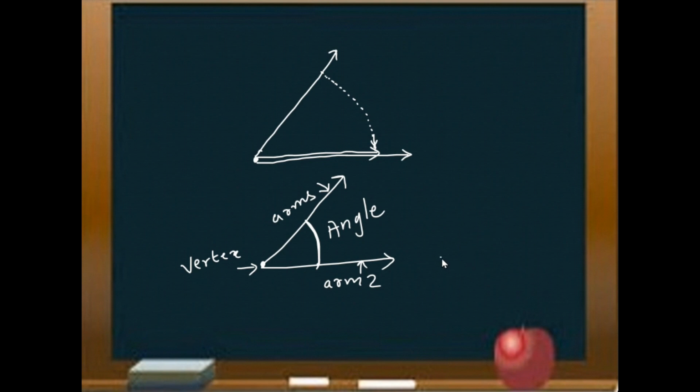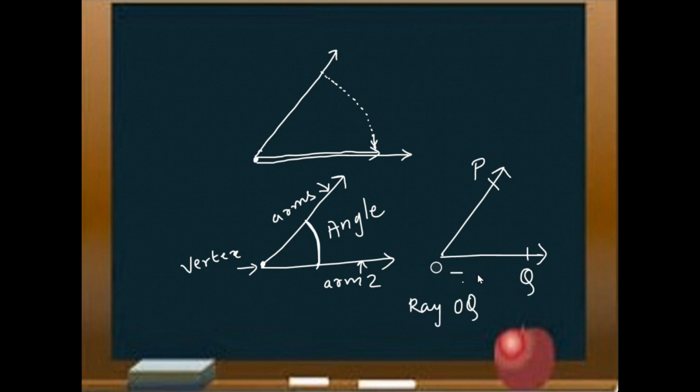Suppose I take the same angle and denote the vertex as O, or the origin as O, and these are P and Q. So this is ray OQ and this is ray OP.